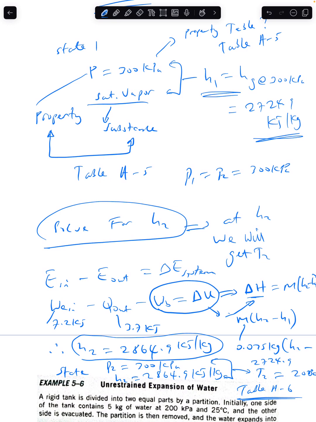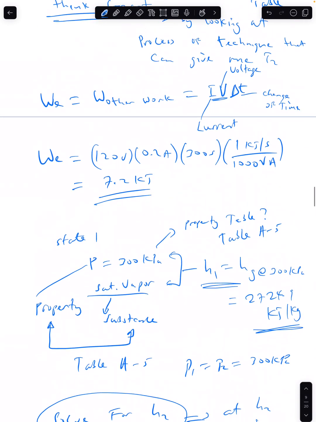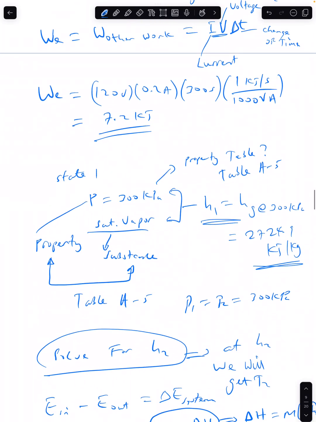And so you can see that we had to solve for T2 by just using the right property table. And how do we use the right property table? We need to get H2. How do we get H2? We need to use the formula for the work done for the system.